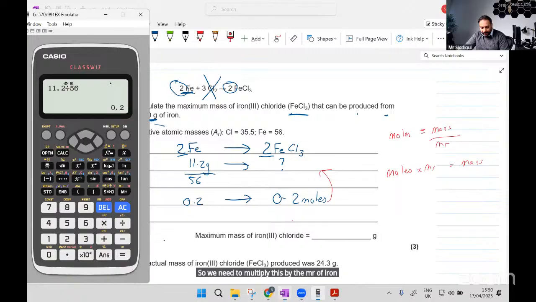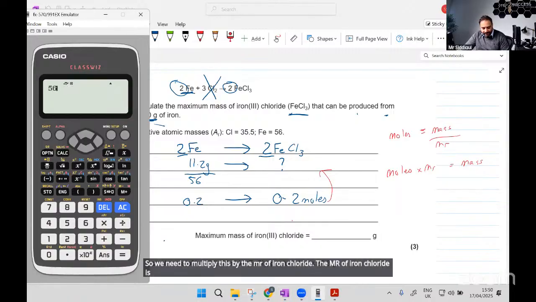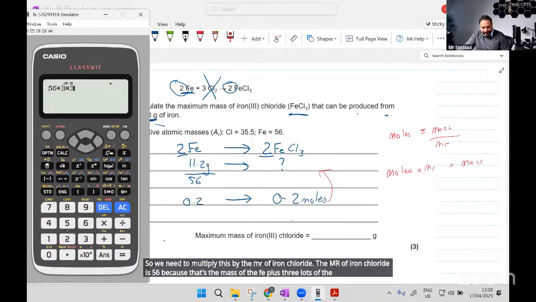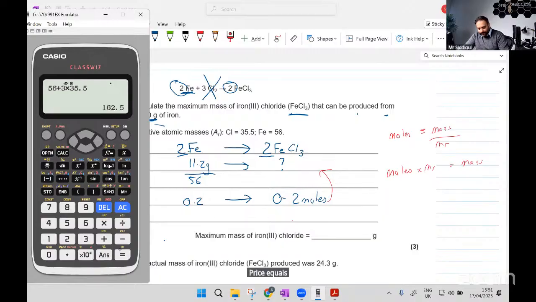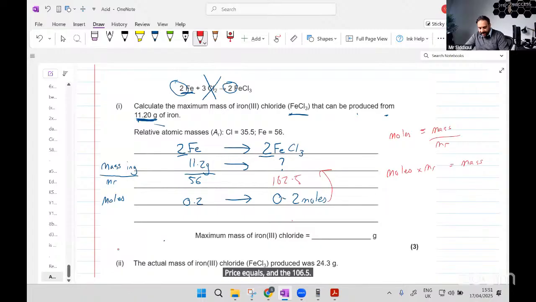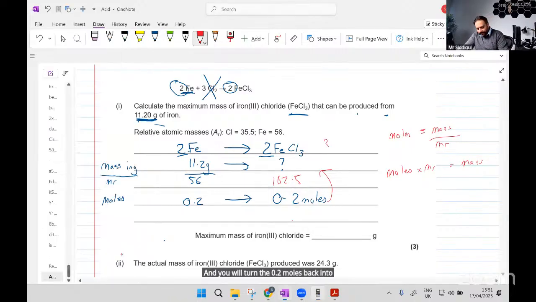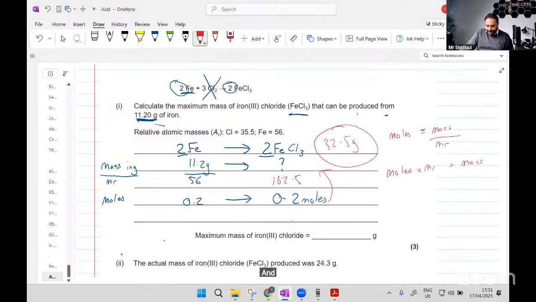The Mr of iron chloride is 56, because that's the mass of the Fe, plus 3 lots of the mass of the chlorine, which is 35.5. Press equals, and you get 162.5. So we need to times that by 162.5, and you will turn the 0.2 moles back into grams, 32.5 grams. And that's the answer to the question.